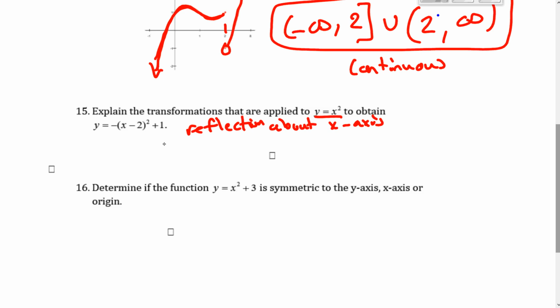That negative in front, that's what that does. Inside, it's the opposite, and it goes left to right. So the opposite of -2 is +2, so it's going to move right 2. And then adding 1 at the end is going to move up 1. That square part just tells you it's a quadratic. So those are the 3 things that it's going to do.